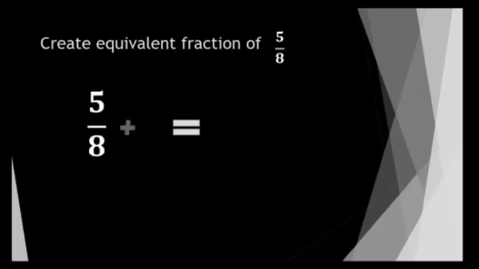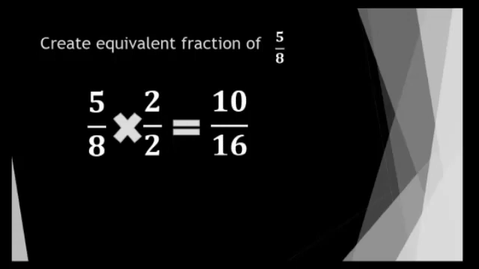We need to multiply both the numerator and denominator by 2. So we get 10 by 16. 5 2s are 10 and 8 2s are 16. So dear children, we can say that 10 by 16 is the equivalent fraction of 5 by 8.